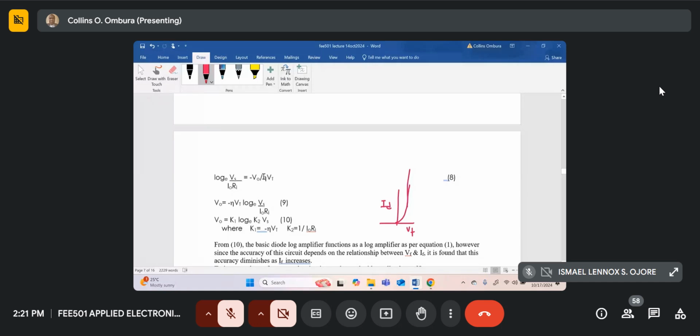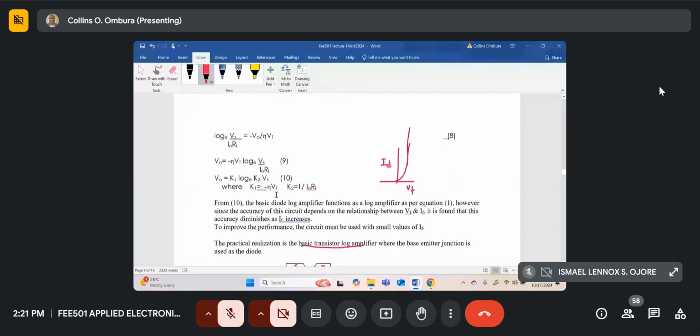If you rearrange it, you get minus V naught over neta Vt, and if I multiply the left-hand side by minus 1 and then neta Vt, then I'll get equation 9. So equation 9 states that V naught is minus neta Vt log to the base e of Vs over I naught R1.